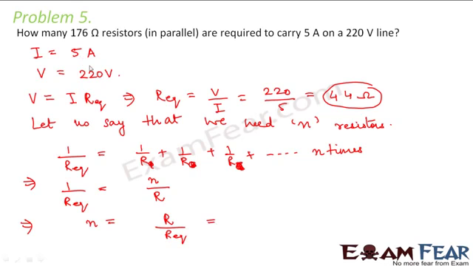What is R? R is the value of each resistance, which is 176 ohms, and R equivalent is 44 ohms. So this gives 4. So we need 4 resistances in parallel so that it can carry a current of 5 amperes on a 220 volts line.